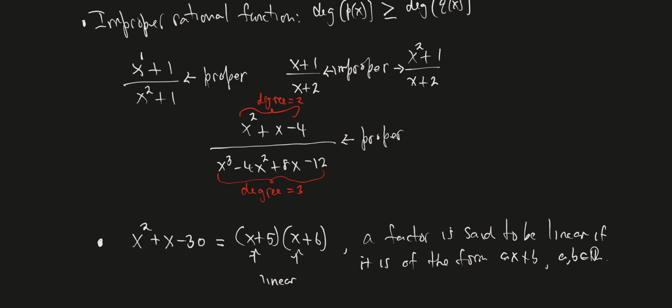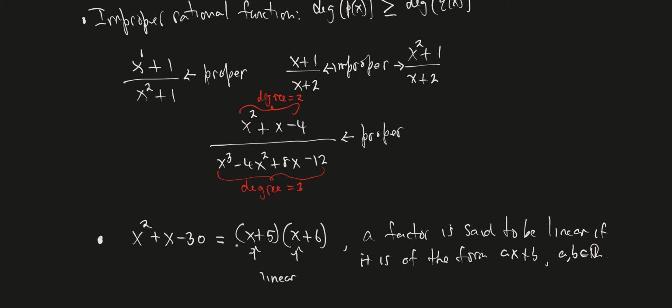Now, a lot of times our a and b tend to be integers, but they don't have to be integers. So for instance here, in this particular factor, a is 1 and b is 5. In this factor, a is 1 and b is 6. So this polynomial factors into a product of linear factors, right?